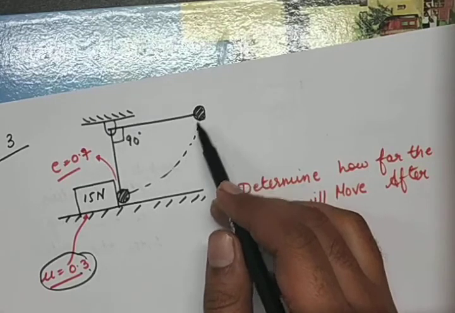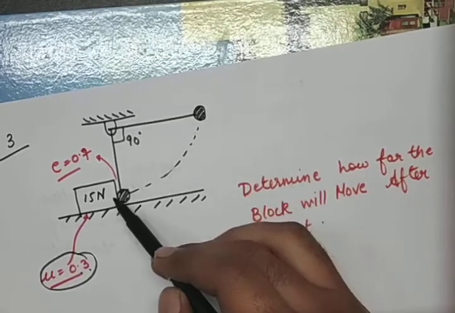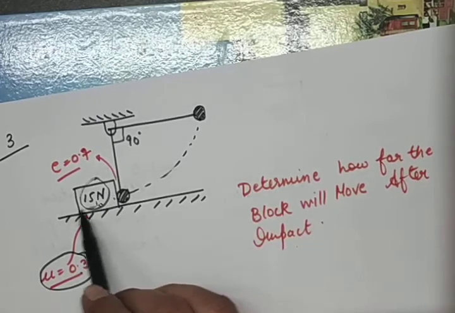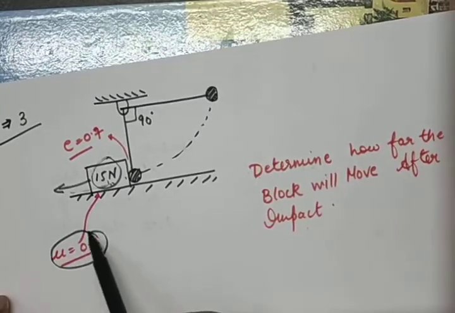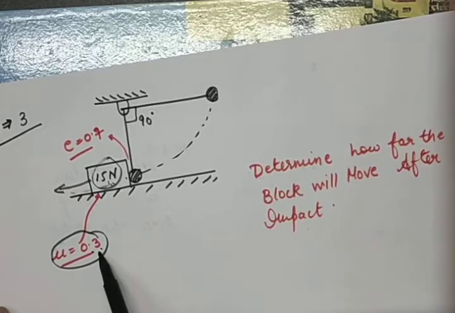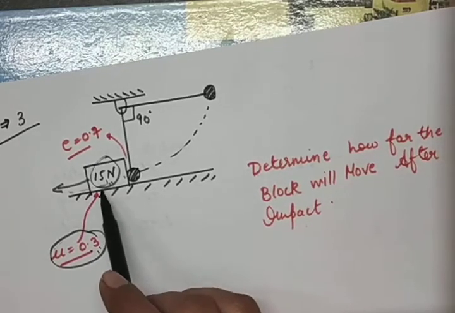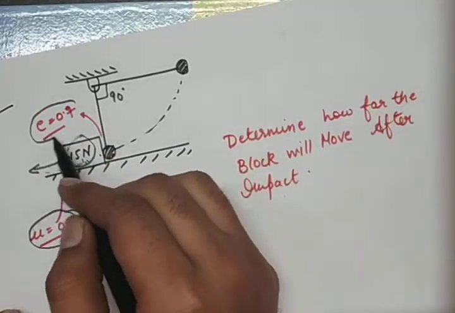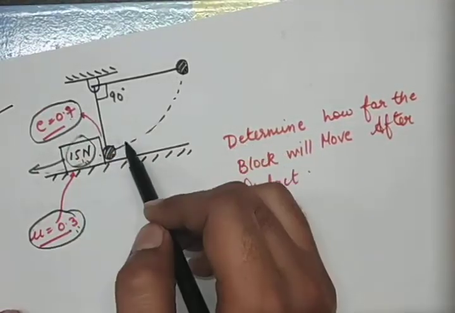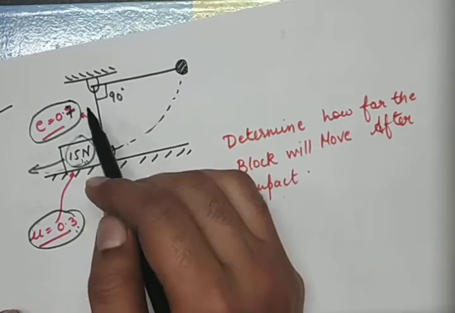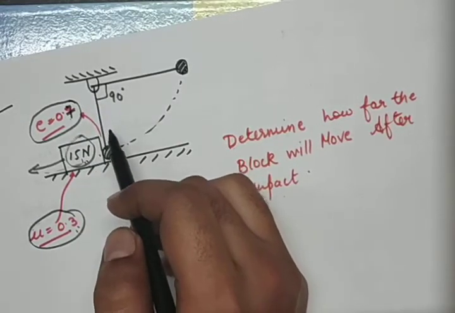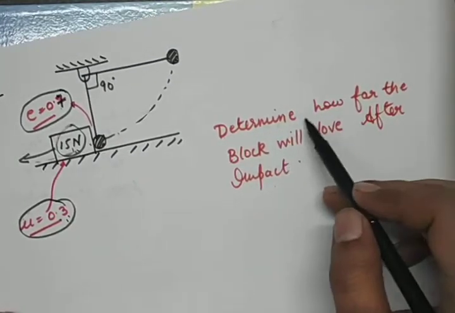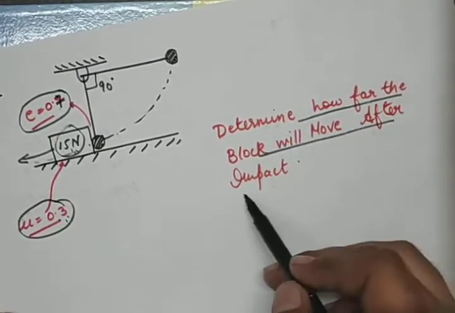When this bob hits the 15 Newton block, the block will move in this direction, and there will be some frictional force. The coefficient of restitution between them is 0.7, so it is an inelastic collision, not perfectly elastic. Determine how far the block will move after the impact.